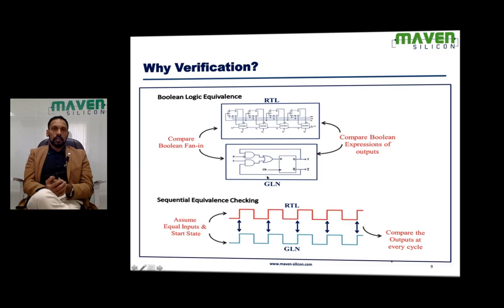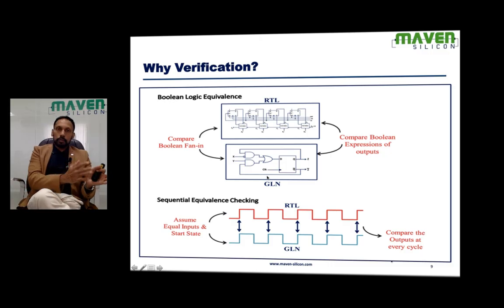It might convert the RTL into mathematical equations like minterms or maxterms, and the netlist into minterms or maxterms, and eventually it might compare every minterm with minterm or maxterm with maxterm, and if it finds any mismatch, it's going to report an error. That's how equivalence checking works.